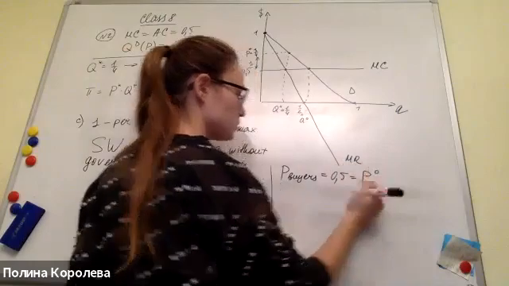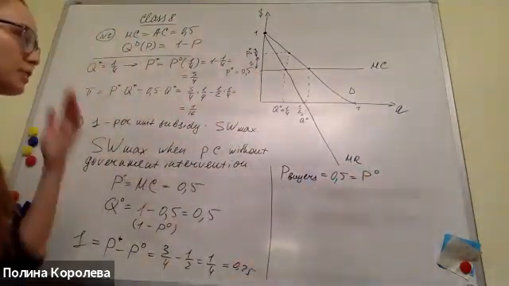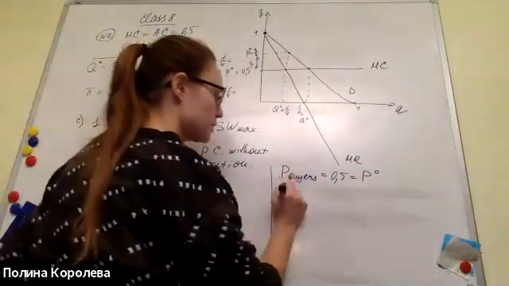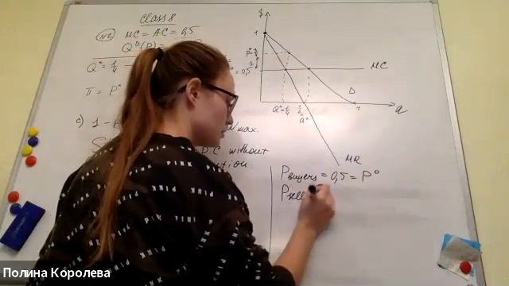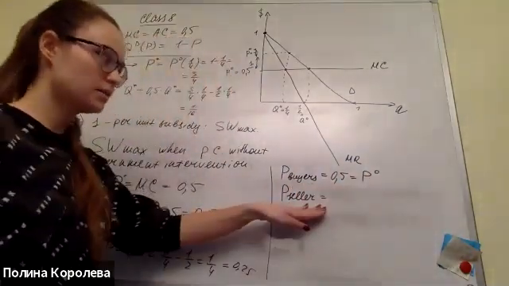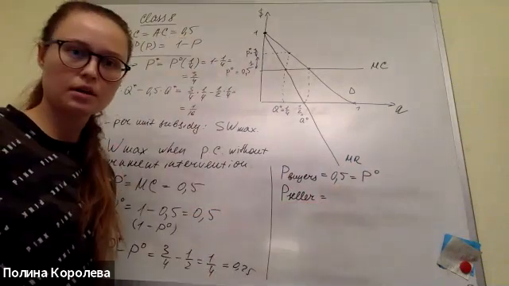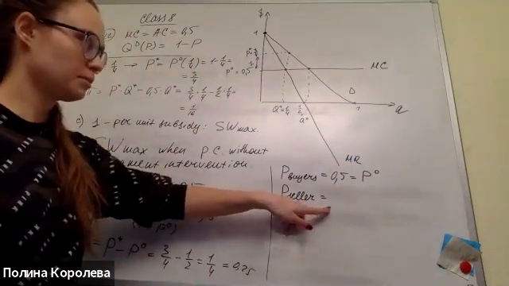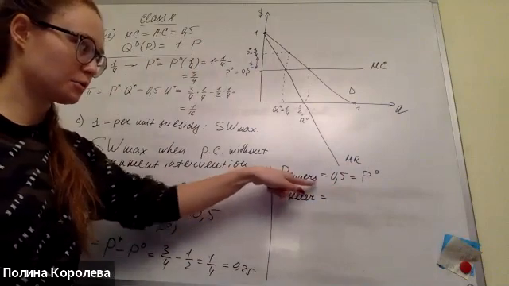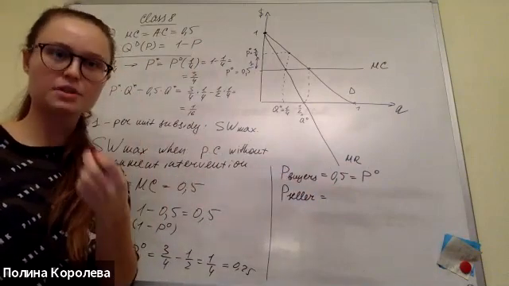This P is P0, as in a perfectly competitive market. And the price of the seller is the price that the seller will put in his pockets. This will be the price from buyers in the supermarket plus the subsidy from the government.